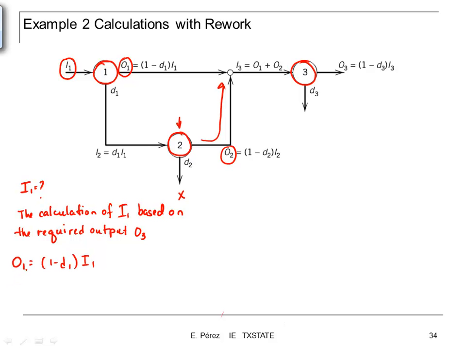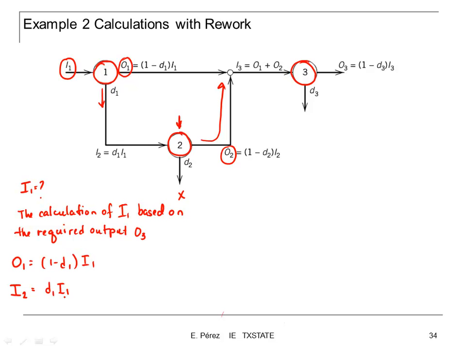And we know that we're going to have some of them that are going through to have defects. So that's going to be the input for the second operation, which is the rework operation. So that input for this operation will be D1 times I1.